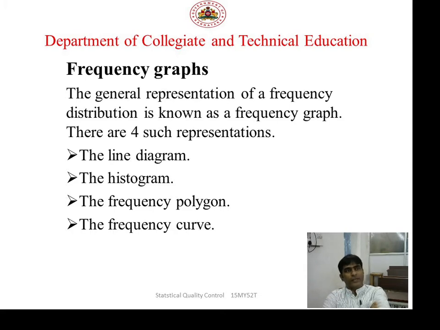Graphs are more important because when you see the graph, you can understand the summary of that particular value.